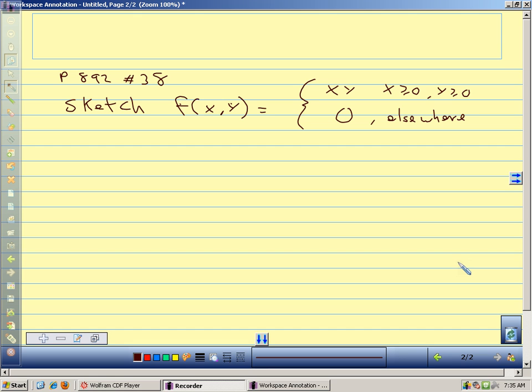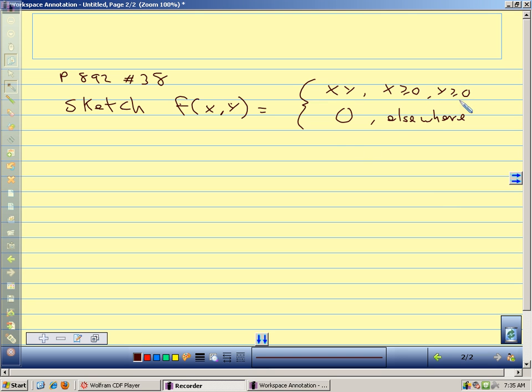What do you think? So let's look at our domain here. What does this tell us? What is our domain? Where are we looking? Positive numbers. So it's above zero.